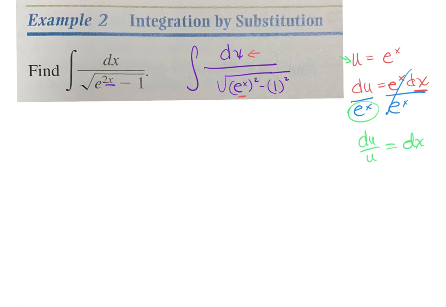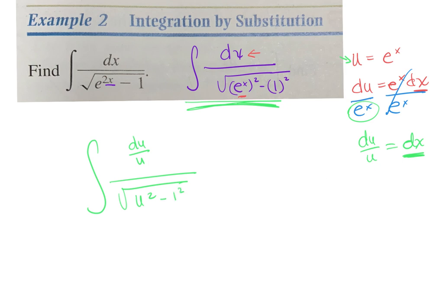So now I'm going to rewrite this function right here, replacing everything, okay? What was dx? Well, that was du over u, yes? On the bottom, I have the square root of u squared minus 1 squared, right? Yes.